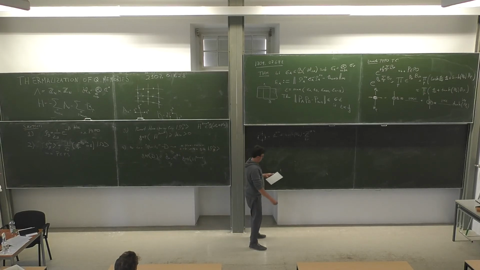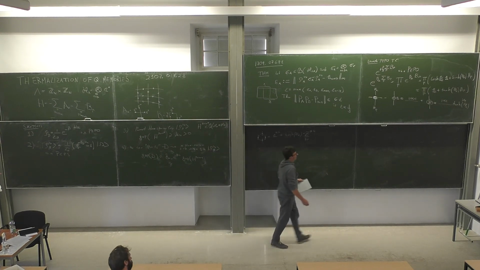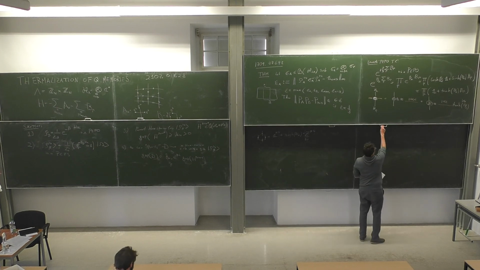I also want to separate this weight, because you can see this is just a constant which doesn't really change too much the structure.